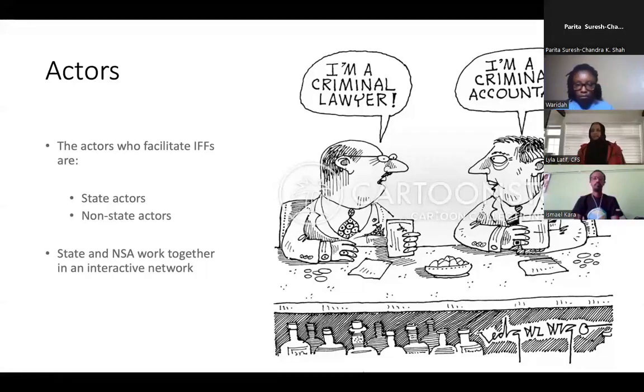Now, the actors facilitating illicit financial flows can also be non-state actors. These are individuals like you and I, right? We create schemes to evade taxation. For example, engaging in what we call the missing trader scheme to reduce VAT.